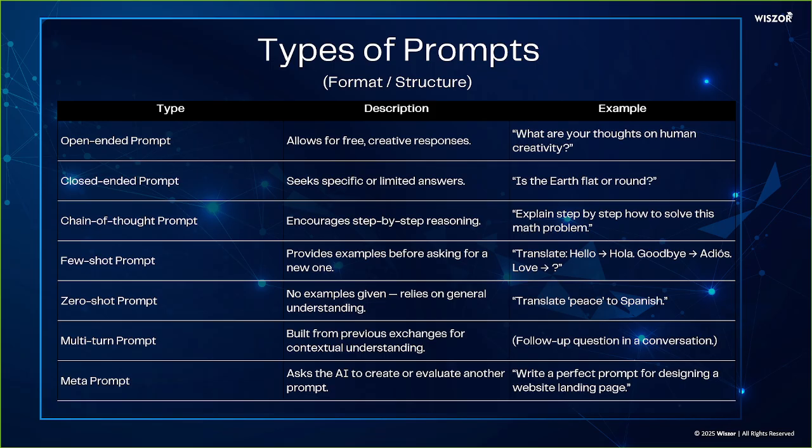Okay, so the next prompt is multi-turn prompting, building from previous exchanges for contextual understanding. It's also mostly similar to the chain of thought prompt. Here, each and every section is designed by you.